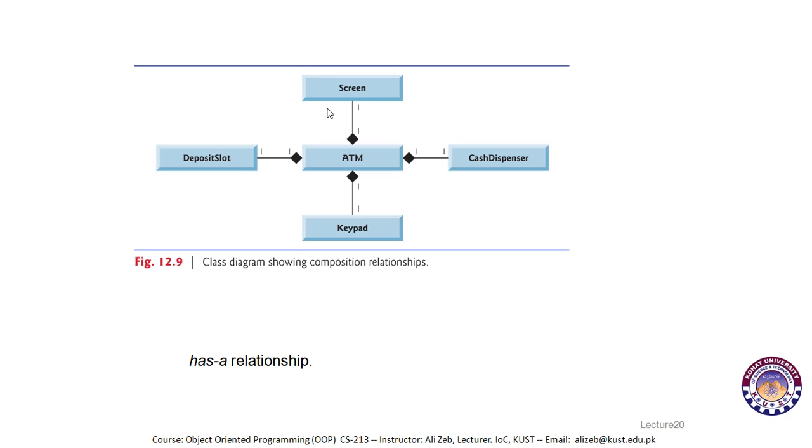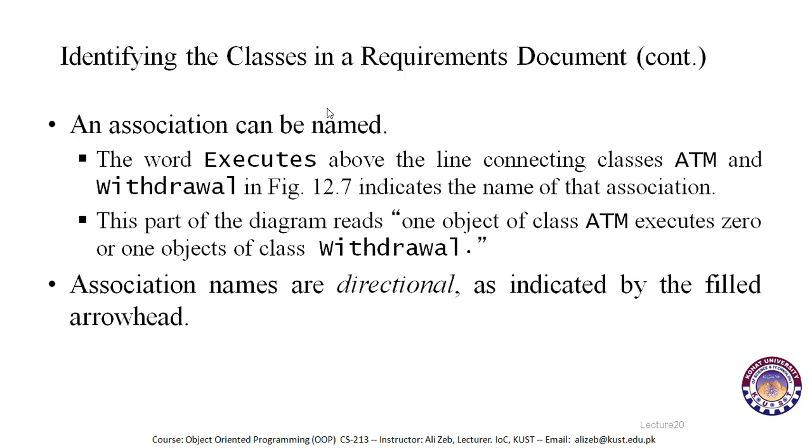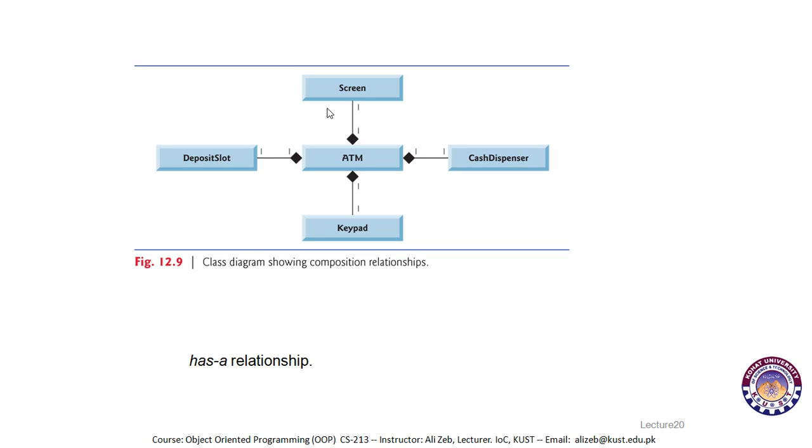Has-a relationship. If you remember from our composition lectures, we can have a has-a relationship or a composition relationship between our classes. Now the has-a relationship or the composition relationship is shown by this darkened diamond shape. The screen has a composition relationship with the ATM.